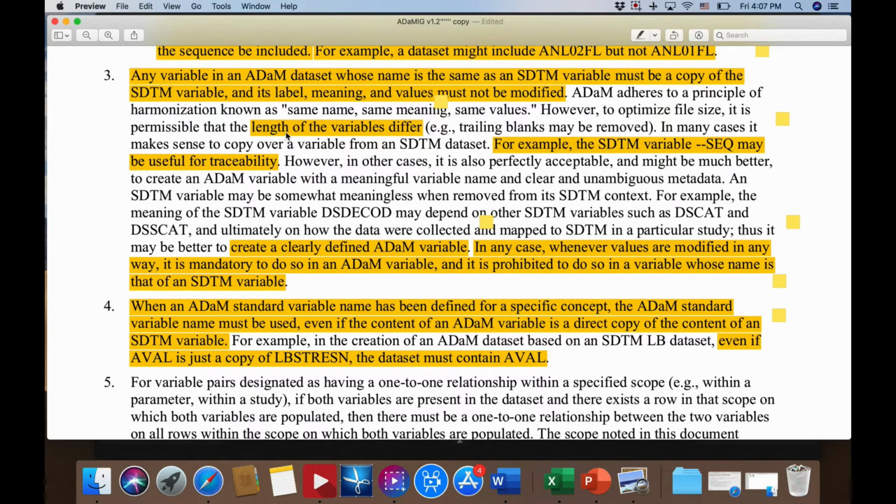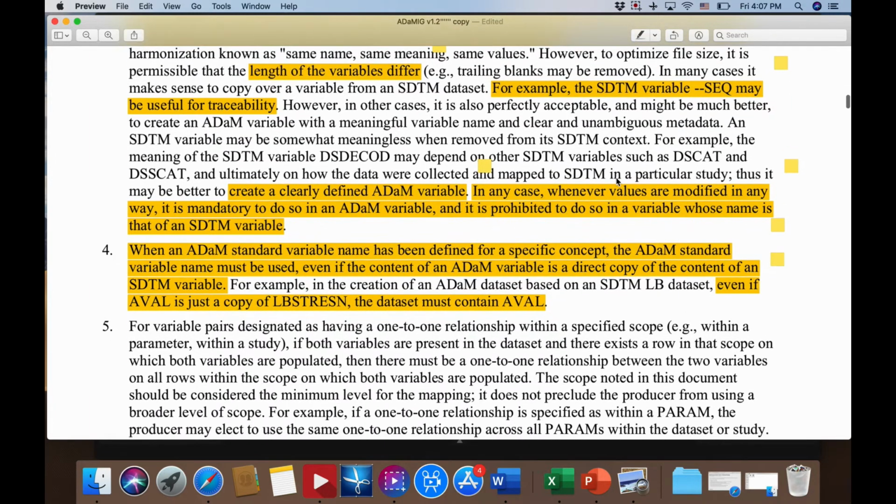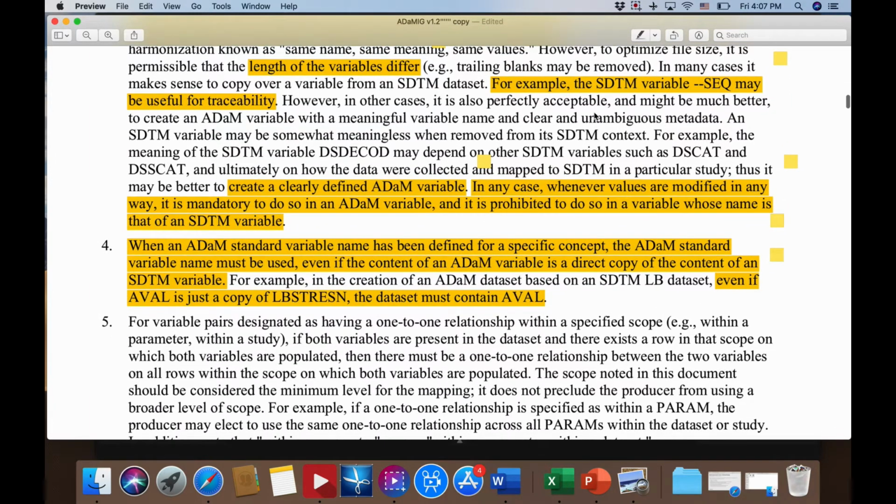The length can be modified or trimmed. There's no requirement for the length to be exactly the same. Okay? And here it is mentioned that for SDTM variables like the SEQ variables, it is very good practice to keep them in the ADaM dataset for traceability.